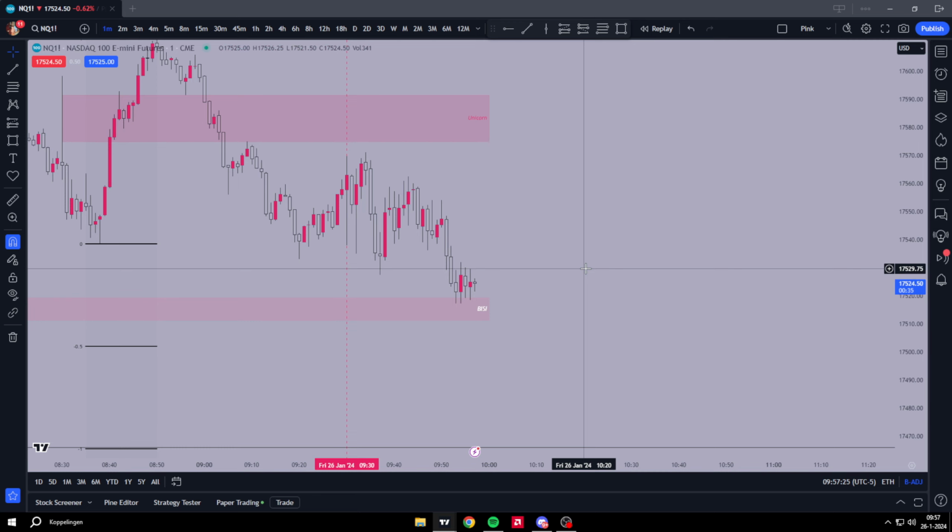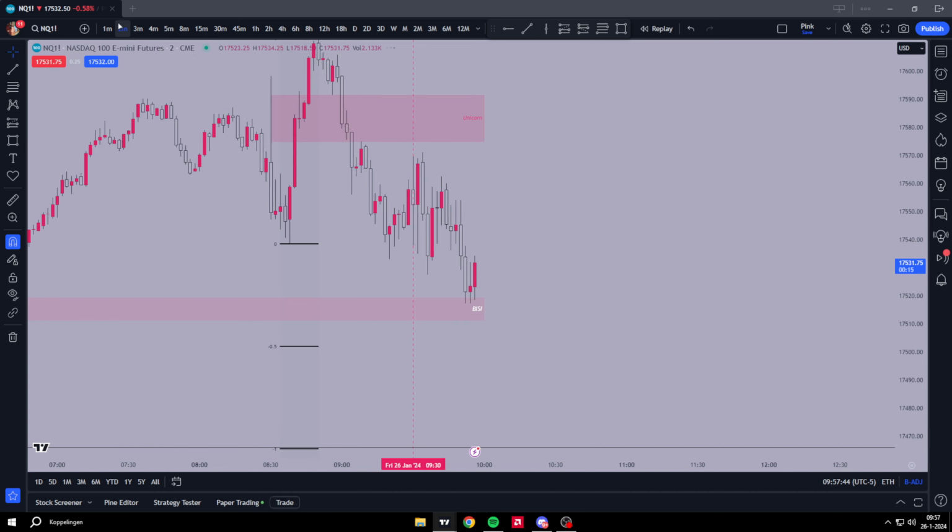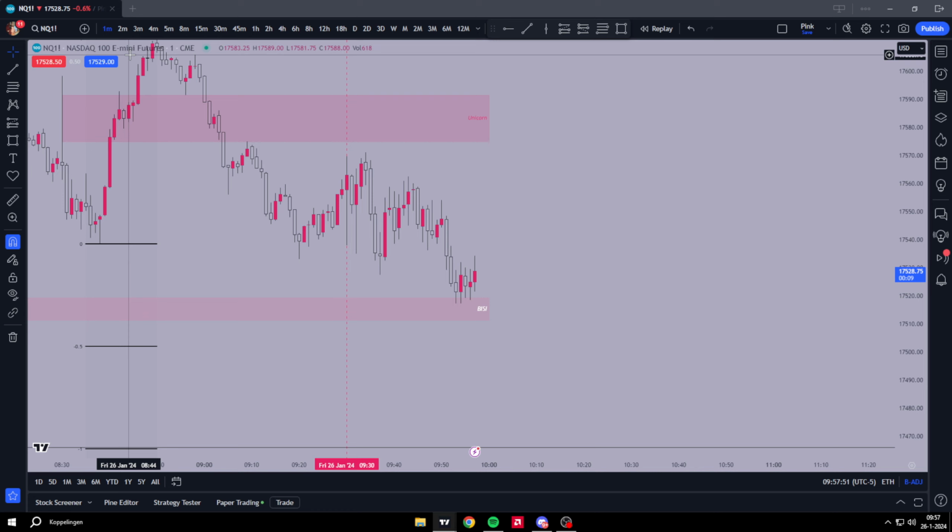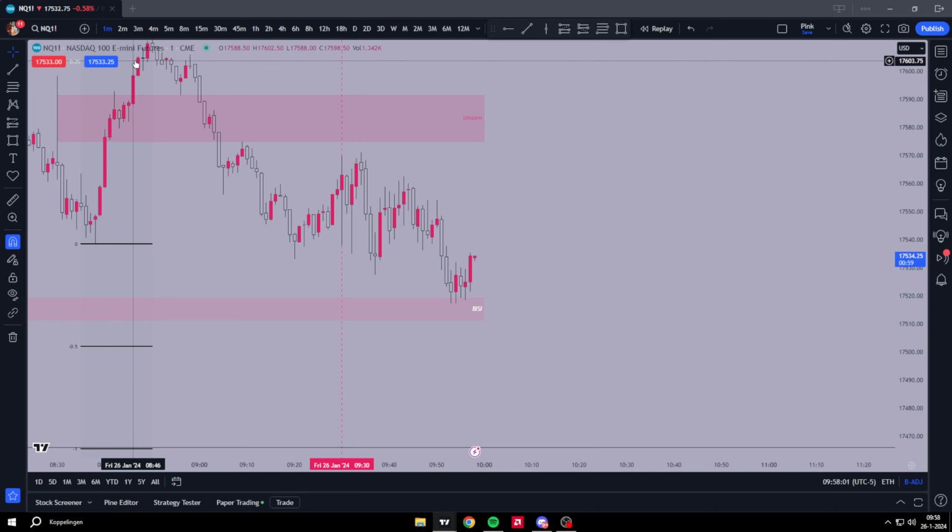Again accumulating. Let's wait for the 10 a.m. Judas swing.